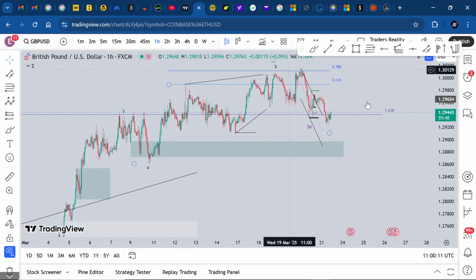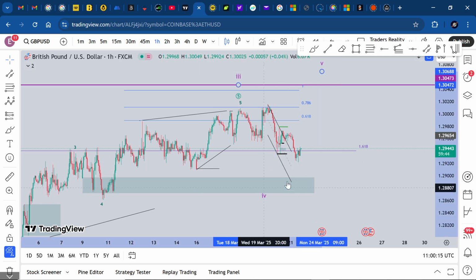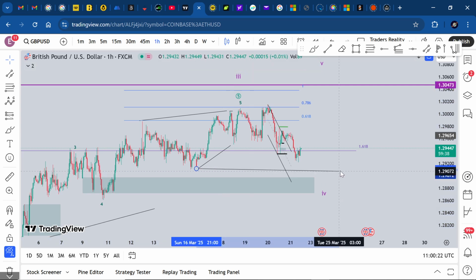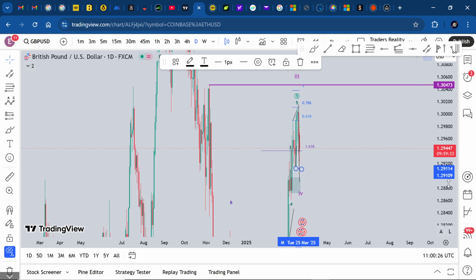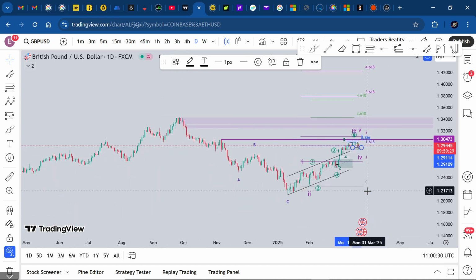We're at GBPUSD, and it's a similar thing. Looking for a purple 4. You want to see it at the prior 4th wave. The count is like this. Not much difference between this and EURUSD.